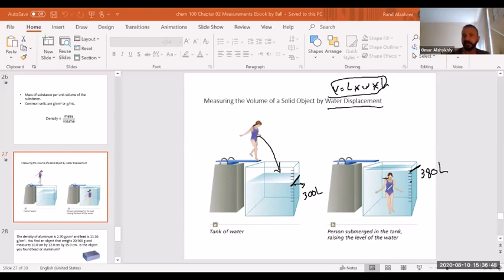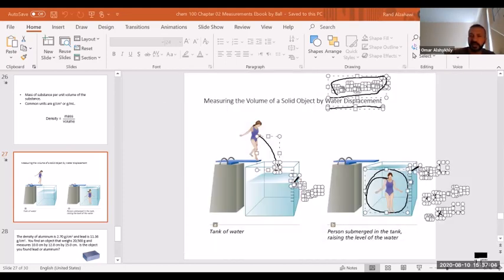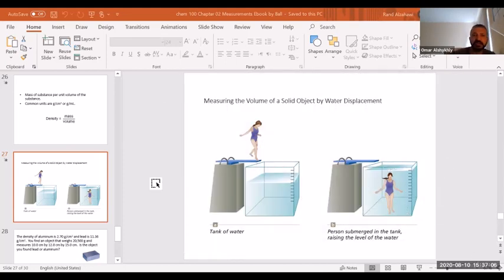So what is the volume of that object? The volume will be 380 minus 300, which gives you 80 liters. The difference is the water displacement. That's how you measure the volume, especially for an irregular shape. With a regular shape, we can calculate the volume from the dimensions.